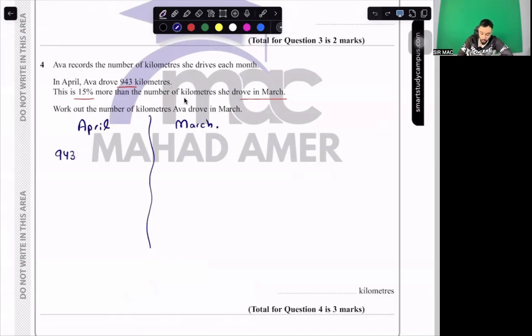So this 943 basically represents 115%. That's 15% more than the normal. And in March, the original number would be X, which would be equal to the 100%. So I always take it like this. So 943 is 115, and then X is going to be 100.